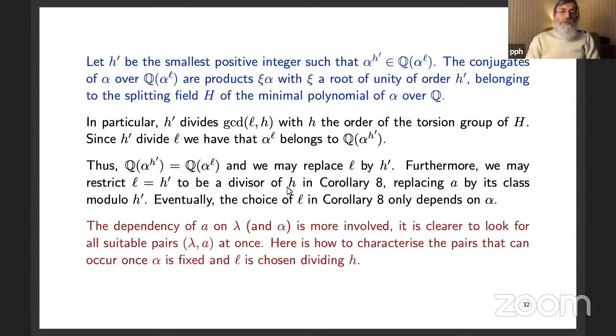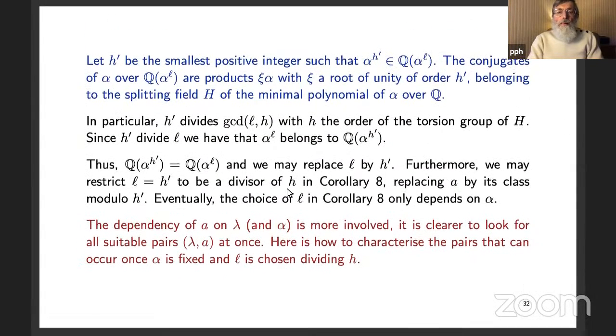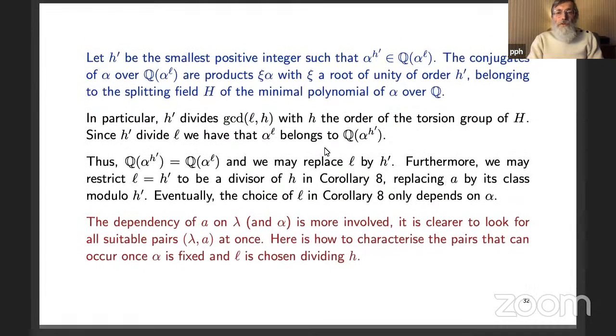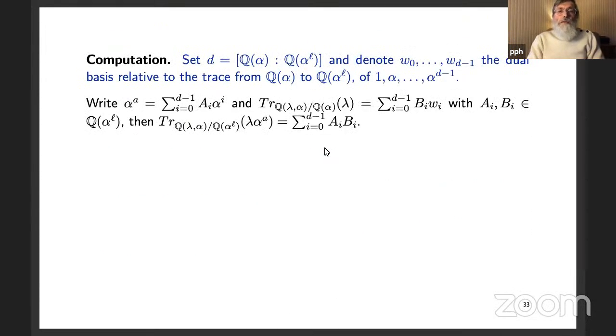Now we have the dependency: the choice of the lambda will determine the choice of A. And actually, it is clearer to look for pairs lambda, A together, because as we will see, there is a not so trivial link between lambda and A. So actually, the determination of this lambda and A will look a little bit like an algorithm.